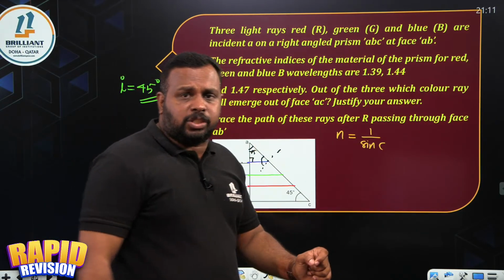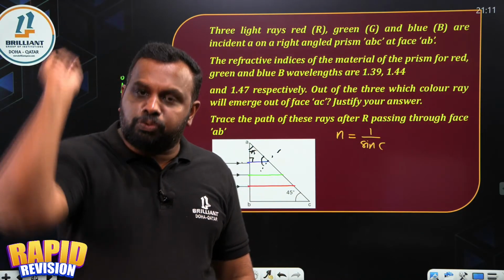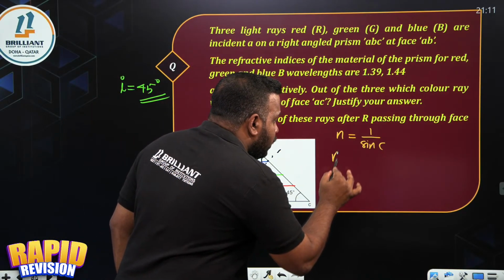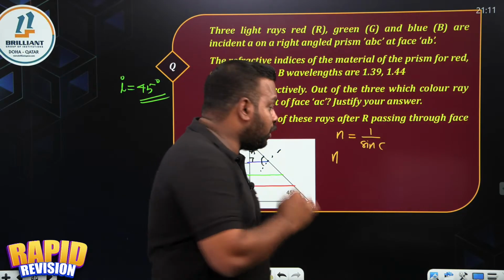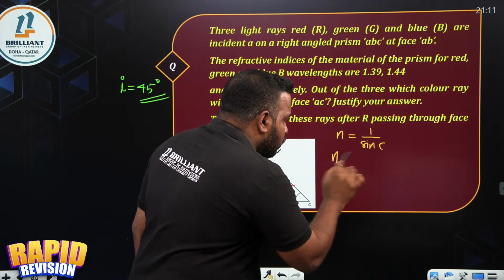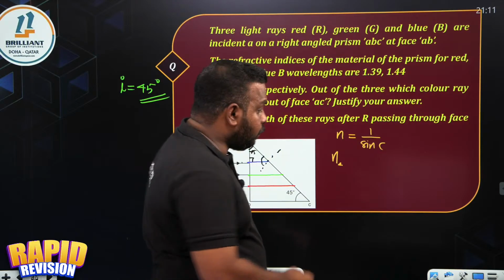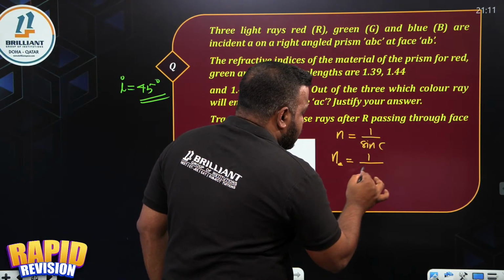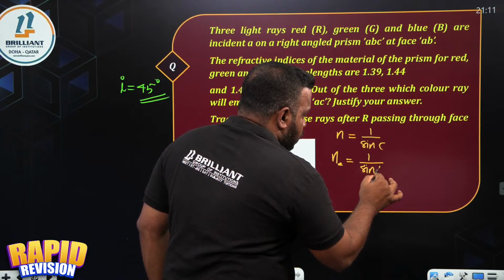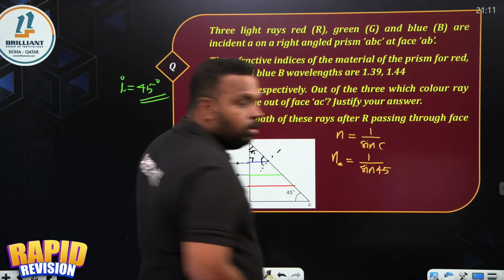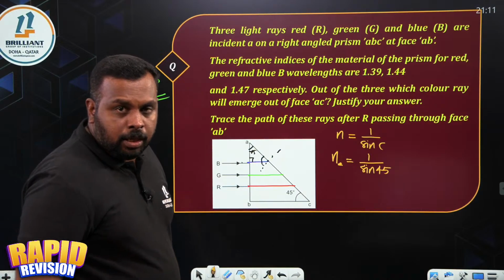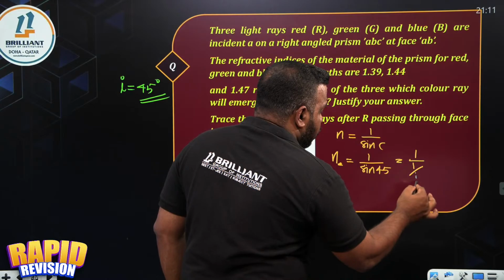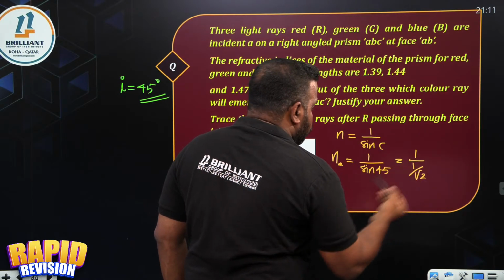Now, let us assume the critical angle is 45. Just assume critical angle is 45. So, what will be the refractive index for 45 degree? n for 45 degree will be equal to 1 by sine 45. Okay, what is sine 45? Sine 45, you know that it is 1 by root 2. 1 by root 2 means this root 2 will go up.